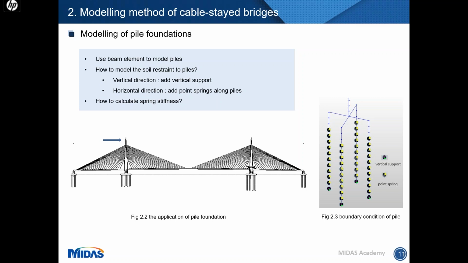For the horizontal direction, we can add a number of point springs along the piles. The question is how to calculate the stiffness of the point springs. To do this, we need to know the soil modulus and the soil area which is distributed to the point spring.